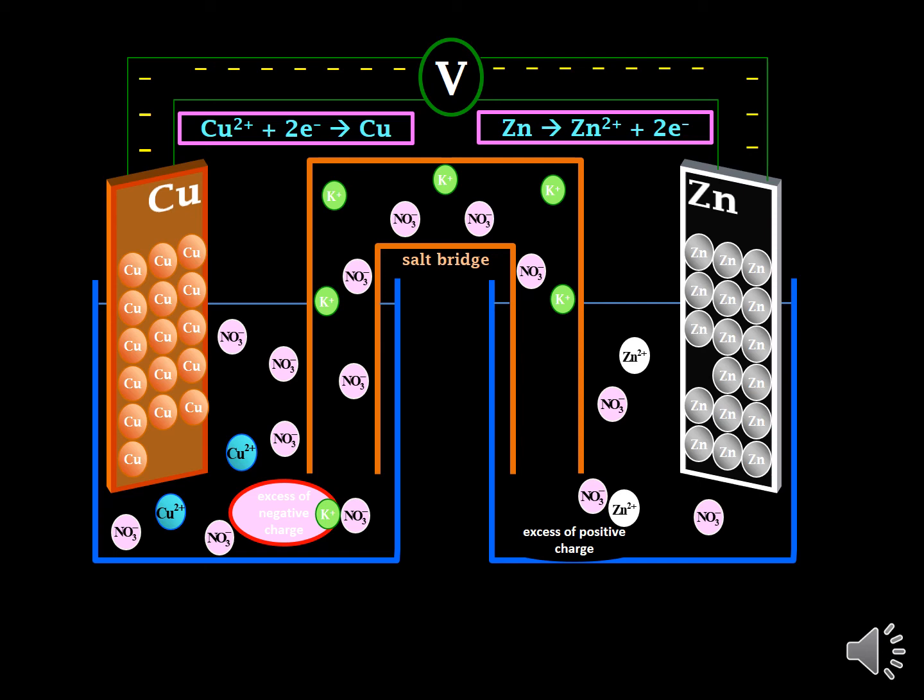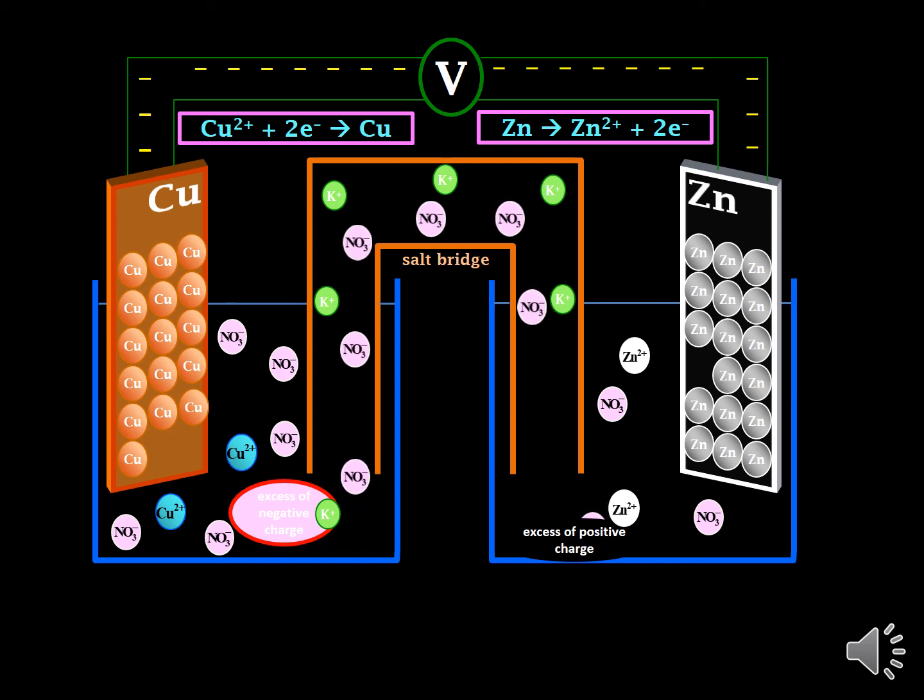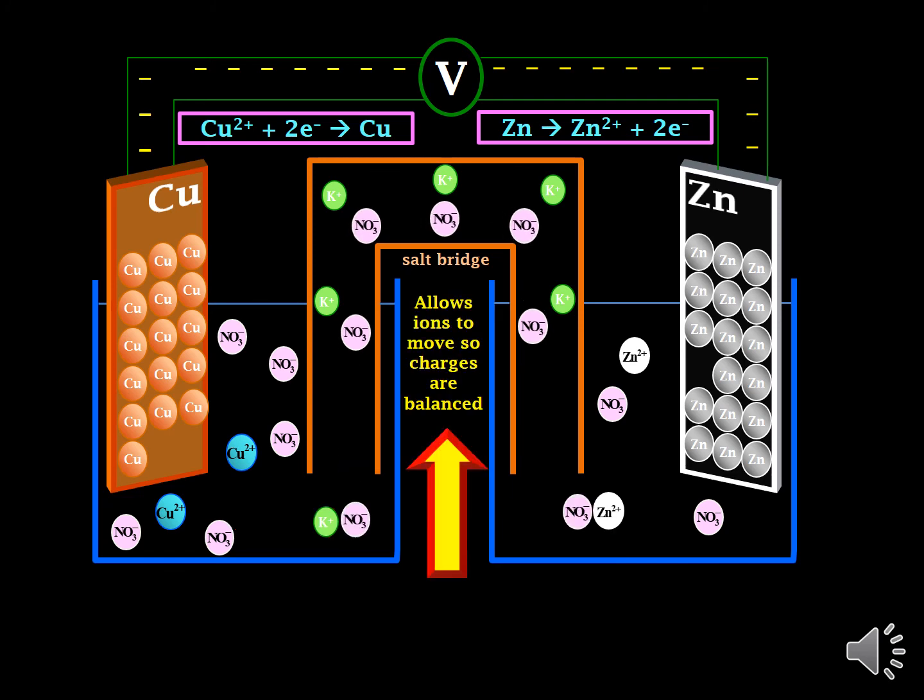Here we can see that nitrate ions are now in the right compartment and potassium ions are in the left compartment. This salt bridge allows the ions to move so that the charges are balanced in both of the compartments.